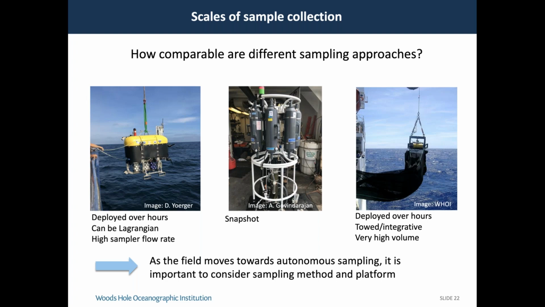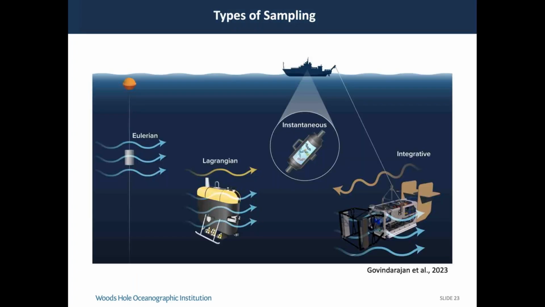So it's important to think about, when you're making comparisons, what exactly your sampling was actually sampling. We have this diagram that summarizes that: whether something's Eulerian versus Lagrangian, instantaneous like the Niskin bottles, or integrative if it's cutting across scales of space or time.